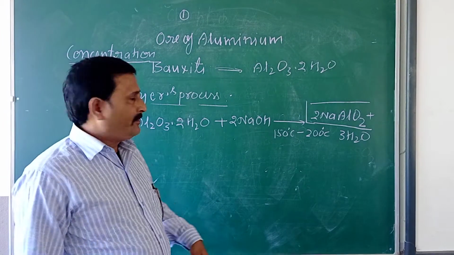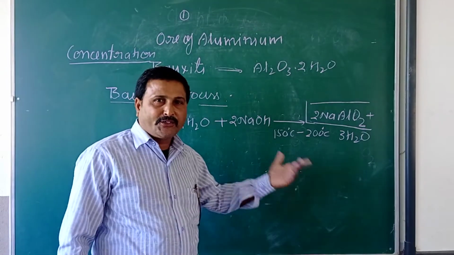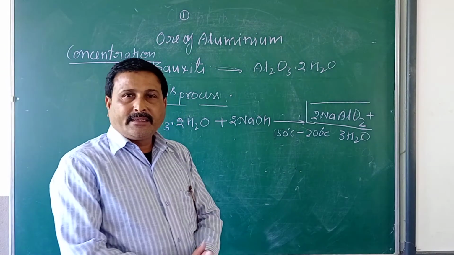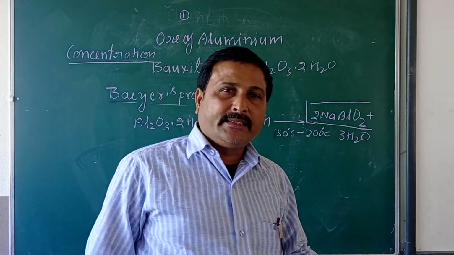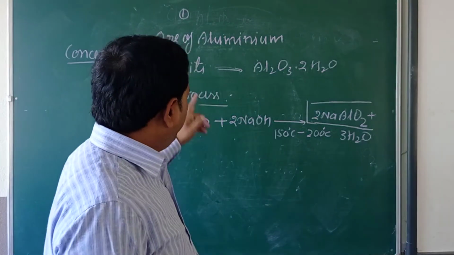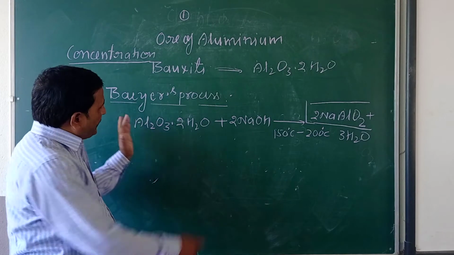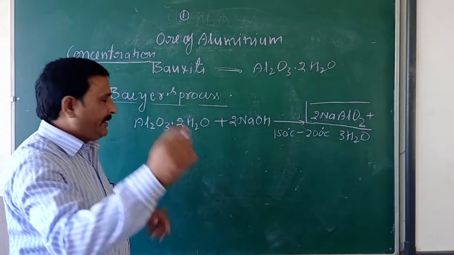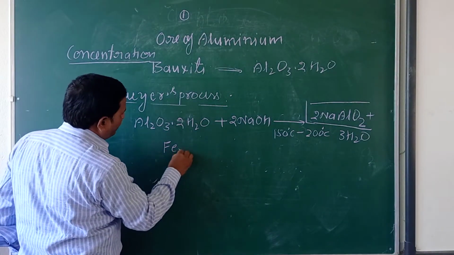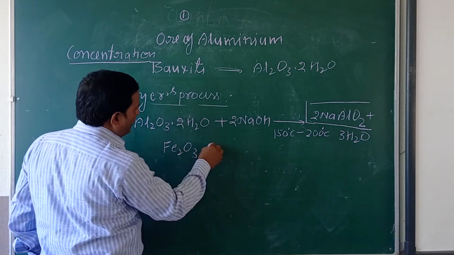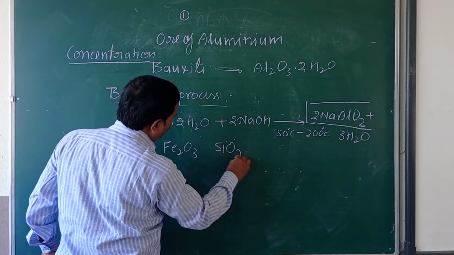First question: why are we adding sodium hydroxide? The reason is that it is cheap and easily available. Next, the impurities present in the bauxite ore are ferric oxide and silicon dioxide.